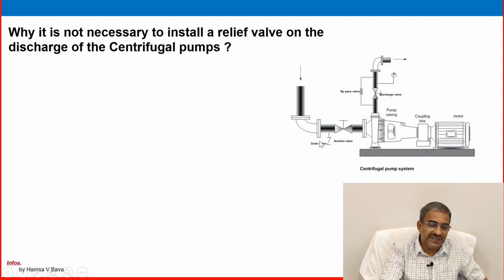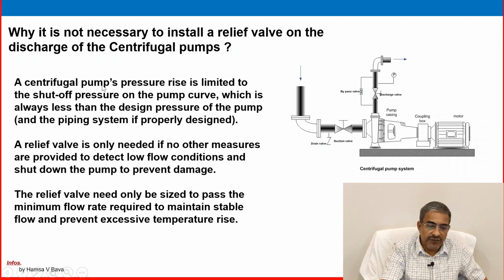In the case of a centrifugal pump, there is no need for a discharge side relief valve. The reason is this: the centrifugal pump's pressure rise is limited to the shut-off pressure of the pump curve, which is always less than the design pressure of the pump. A relief valve is only needed if no other measures are provided to detect low flow conditions and shut down the pump to prevent damage.